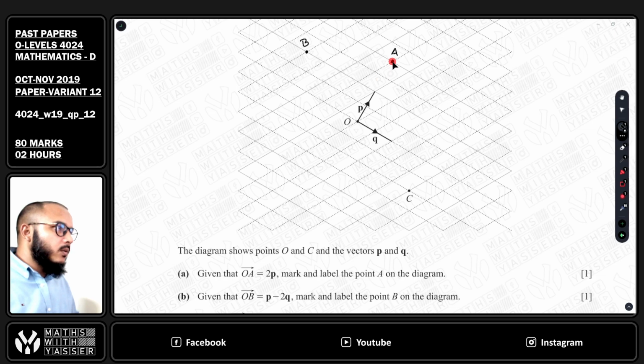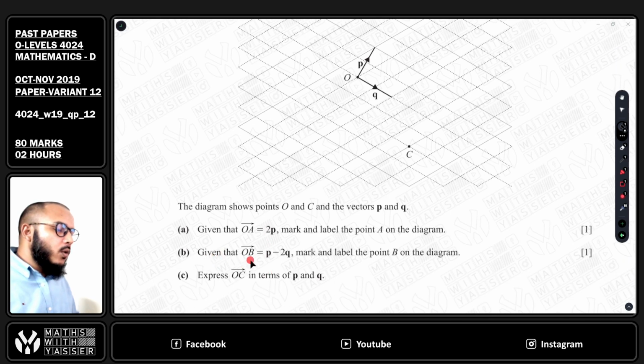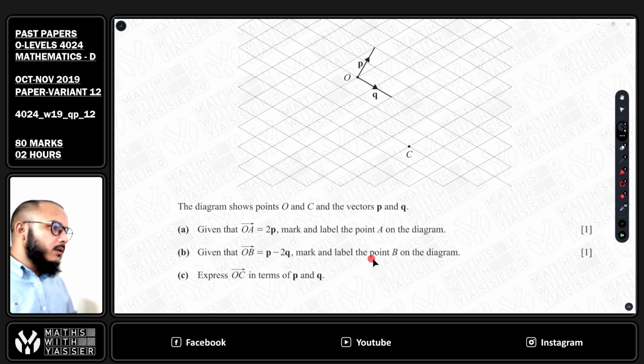This is the point where I will have another P from this point to this point. Therefore, the whole thing will be 2P. Then we have, given that OB is equal to P minus 2Q, mark and label the point B on the diagram.